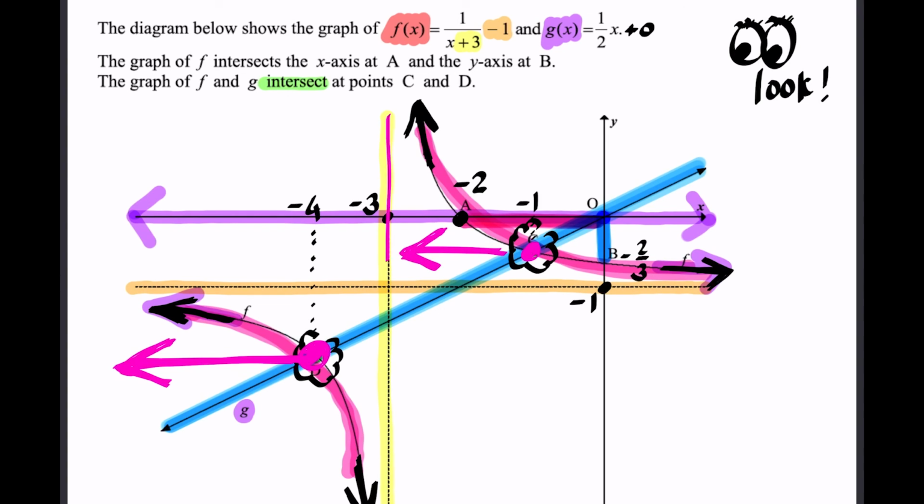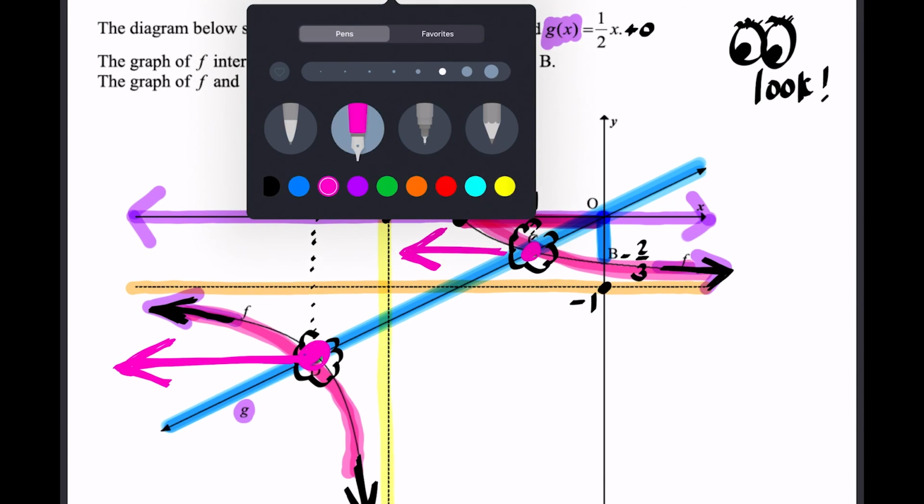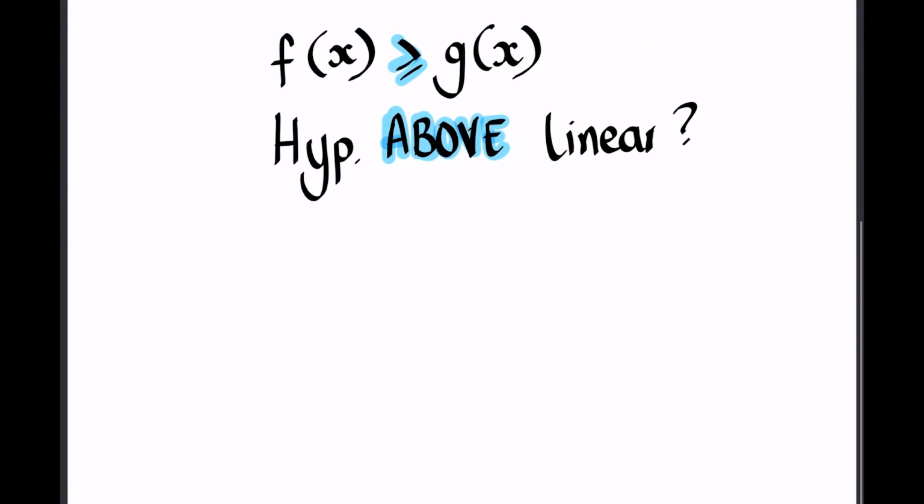But remember, there is an asymptote there, so it can't be equal to -3. So for the hyperbola to be above the linear graph in this picture, it has to be from D going in the negative direction, so anything less than -4, or between C and that asymptote of -3. So therefore, x has to be smaller than -4.